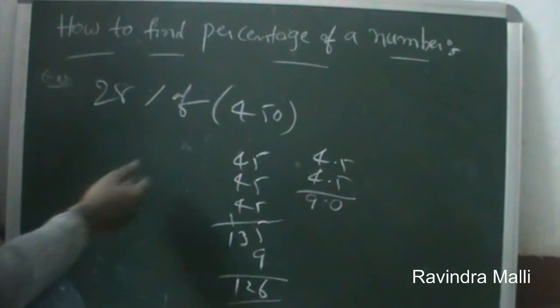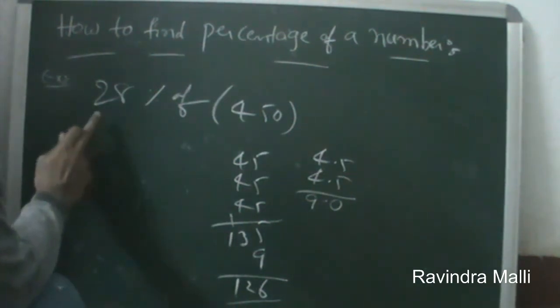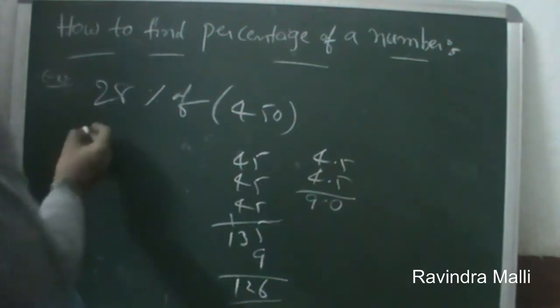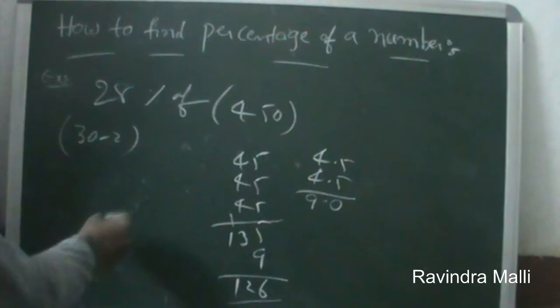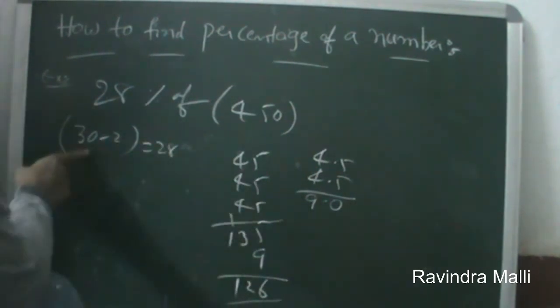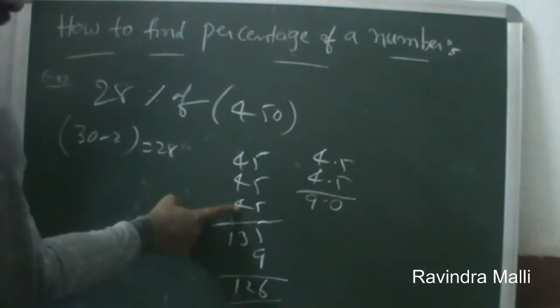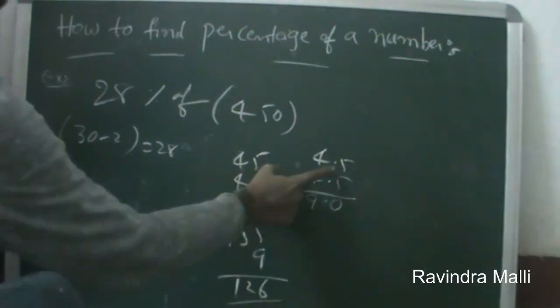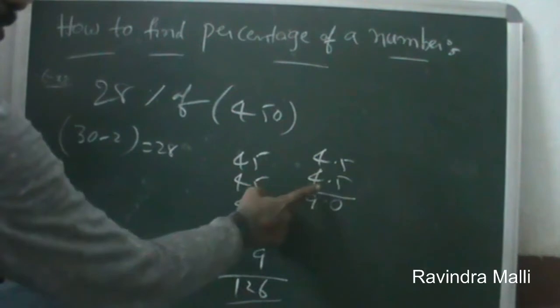Once again, I am going to repeat here. 28% of 450: it is difficult to find 10% plus 10% plus 8%, so I am going to use 30% minus 2%, which equals 28%. 30% of this is 10% is 45 three times, that is 135, and 2% of this is 4.5 plus 4.5, that is 9.